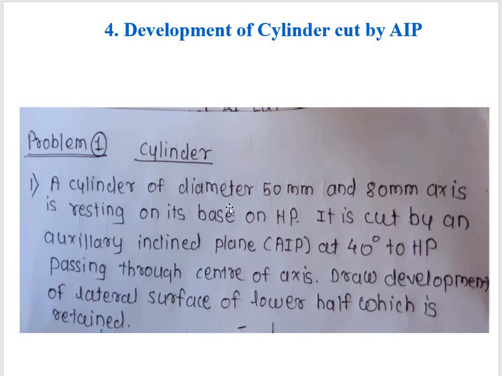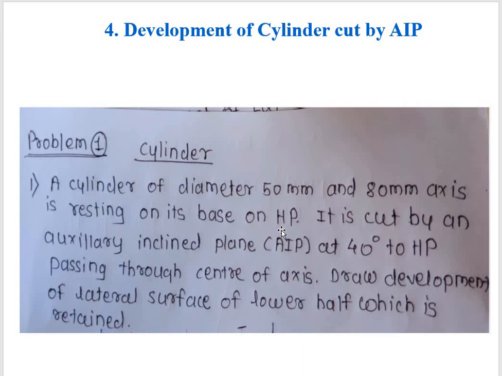In this question they have given a cylinder, which is the solid, with a diameter of 50 mm and an axis length of 80 mm, resting on its base on HP. Already I have told you that the problems coming in the exam are only based on the HP.